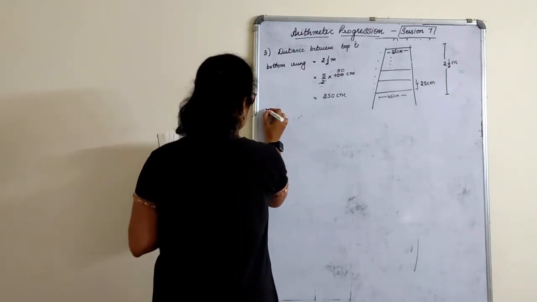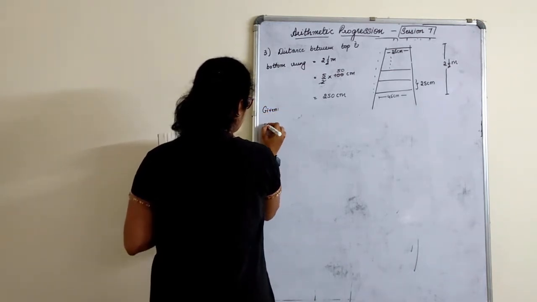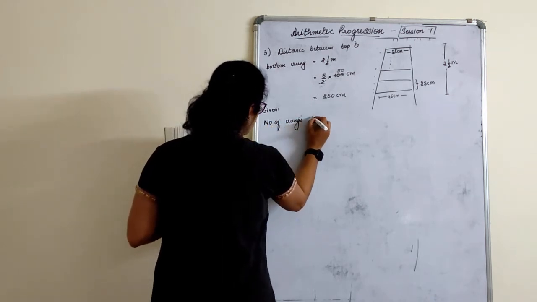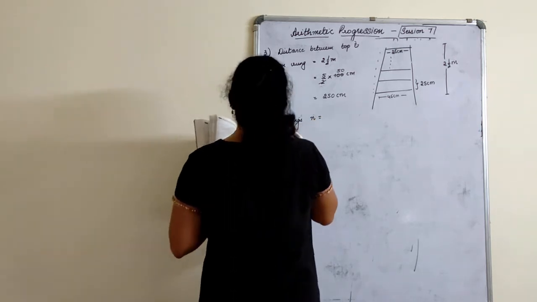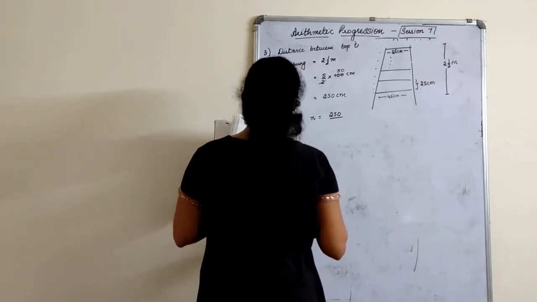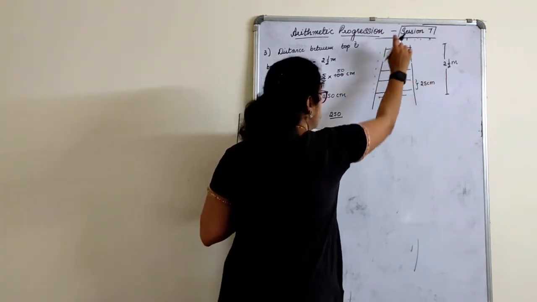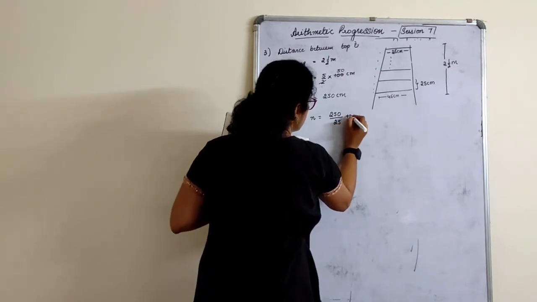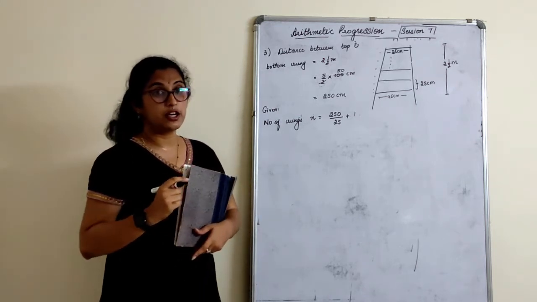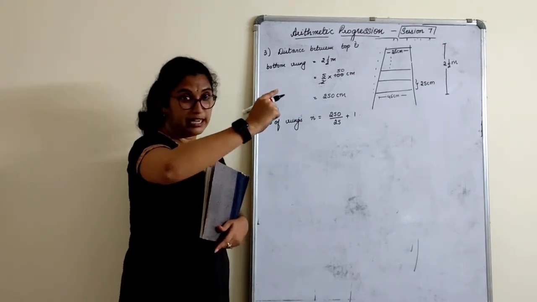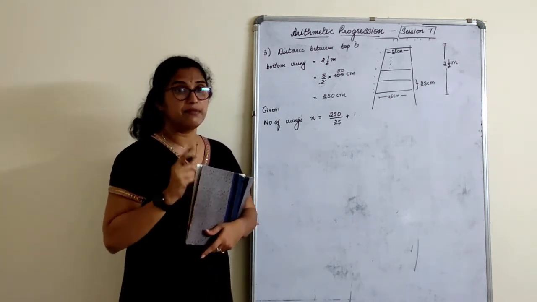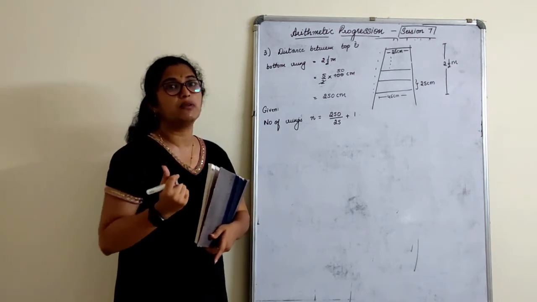So the number of rungs n is equal to the distance between the top rung and the bottom rung divided by the distance between each rung, plus 1. Why is it plus 1, can you tell me? See, because we actually climb at 1, then the upper part also when we climb, that's the next rung we climb. That is why it is always plus 1 when we talk about distance.